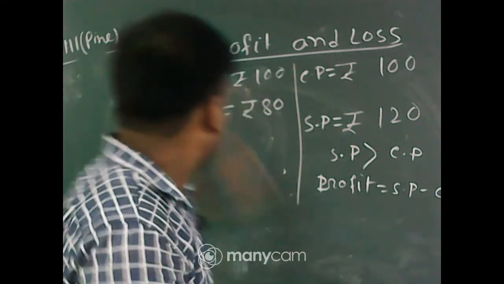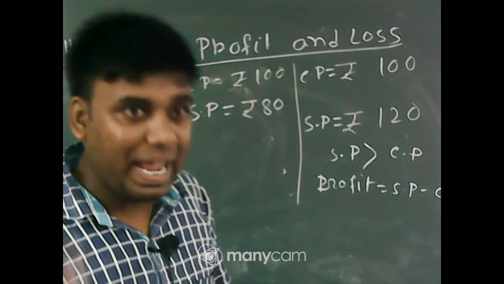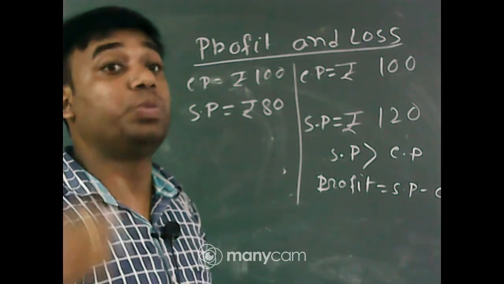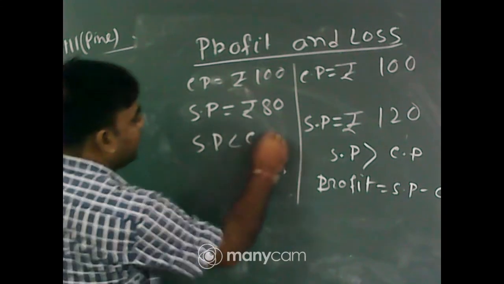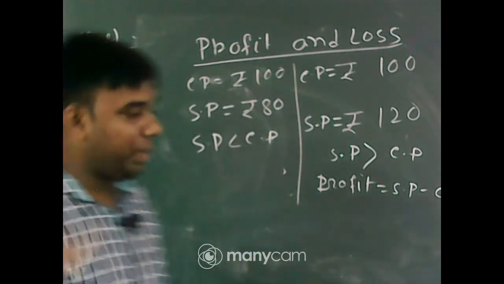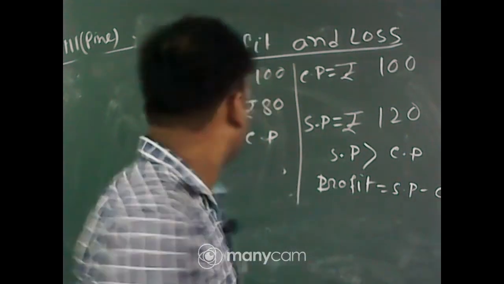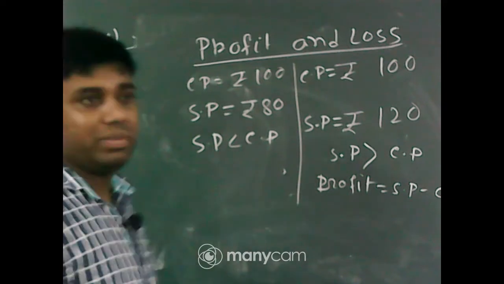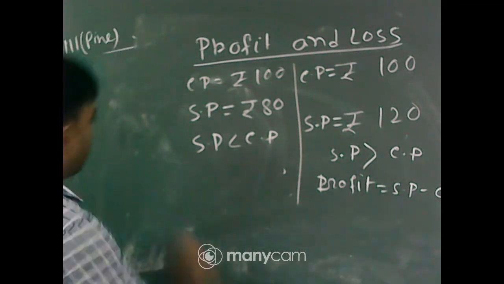In that case, he bought the pen for rupees 100 and sold it for rupees 80. Here SP is less than CP, so CP is greater than SP. So that time he lost something. It means loss.